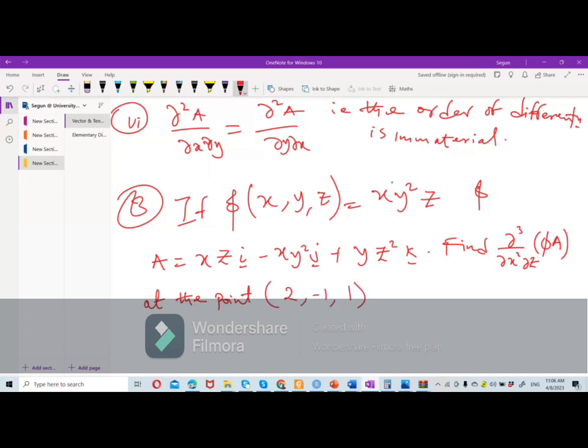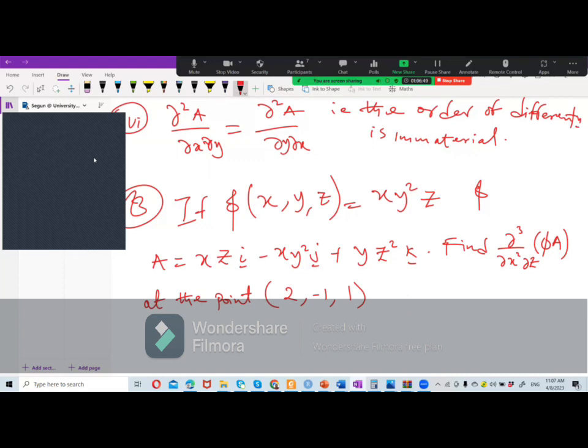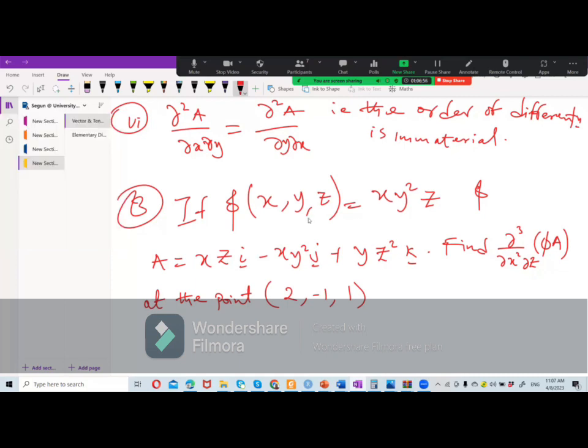Sorry, sir, if what is the bracket? This is phi, they call it phi. If phi x comma y comma z equals xy squared z, and A equals xz i minus xy squared j plus yz squared k, find the following.